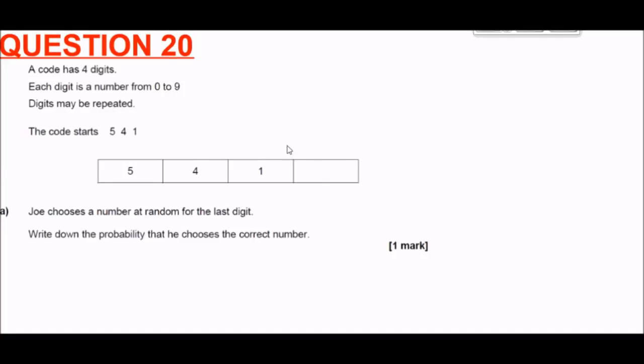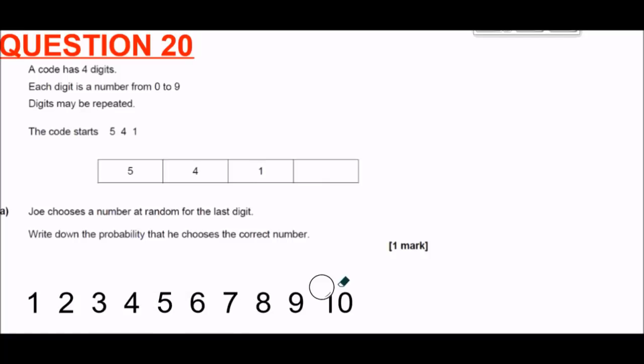So we are told that each digit is a number from 0 to 9. And so I've written down at the bottom all the digits from 0 to 9 just to make it slightly more visual. The digits from 0 to 9, how many do we have? Well, we'd actually have 10 to choose from. 1, 2, 3, 4, 5, 6, 7, 8, 9. 10 isn't a digit, is it?